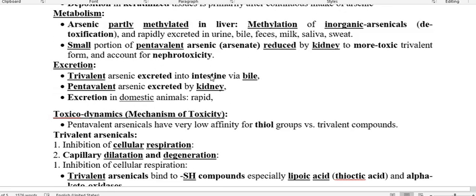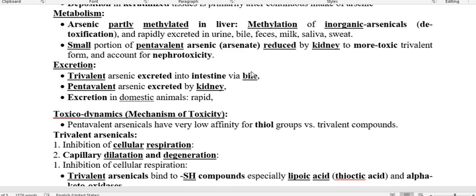As we mentioned earlier, it gets excreted through the urine, bile, feces, milk, saliva, and sweat, and the main excretory route is the kidney. But when you compare on the basis of oxidation state, trivalent arsenic is mainly excreted through the bile.